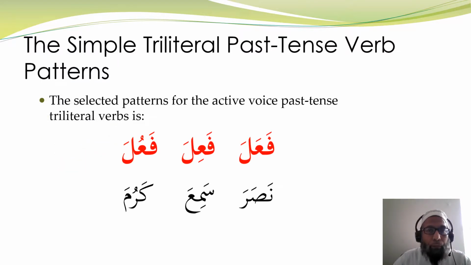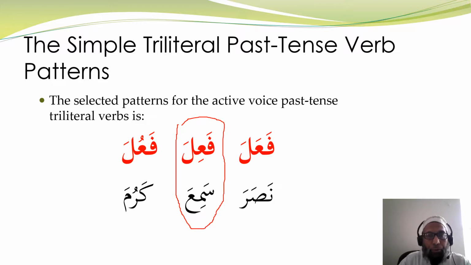So this is what we're going to cover in the class, fa'ila. And we're going to use the word sami'a. This is a very commonly used verb, sami'a, which means he heard, on the pattern of fa'ila. Fa'ala is an actual word and it's used as a pattern. Nasara falls on the same pattern, and we covered that in last class.